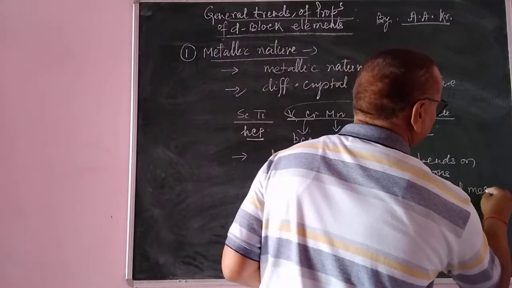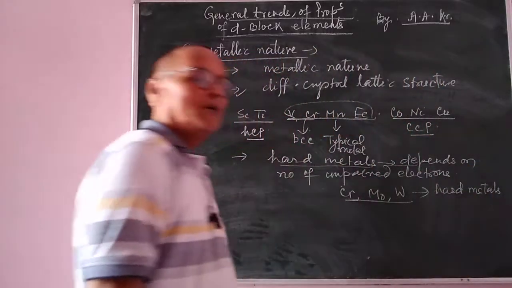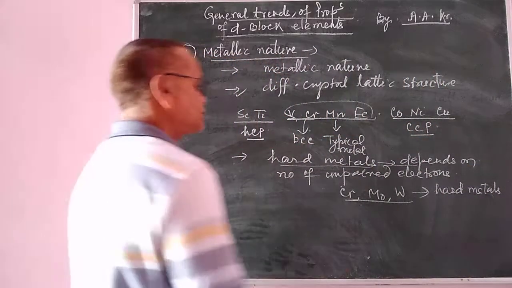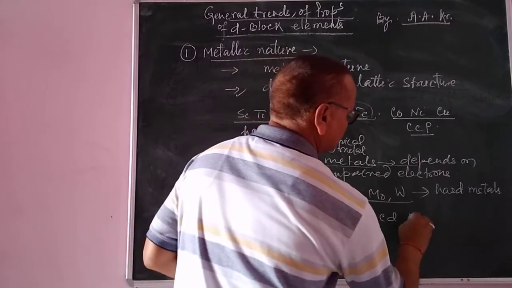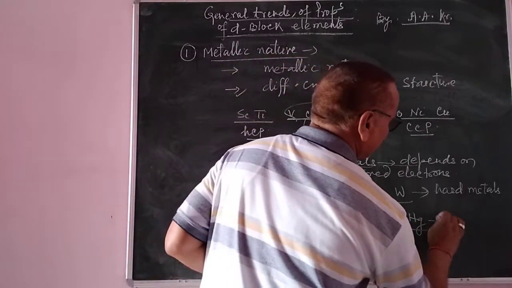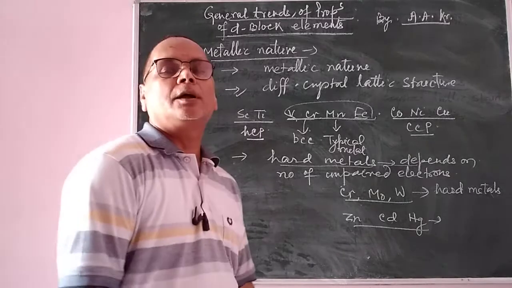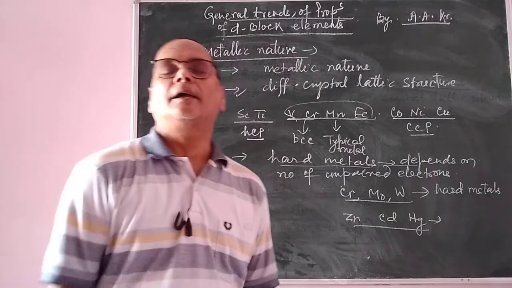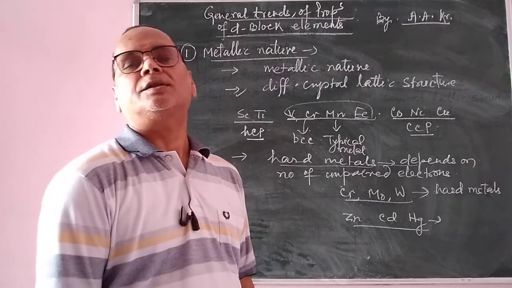Hard metals. Whereas zinc, cadmium, mercury are soft metals because they have no unpaired electrons and they do not form bonds with each other.